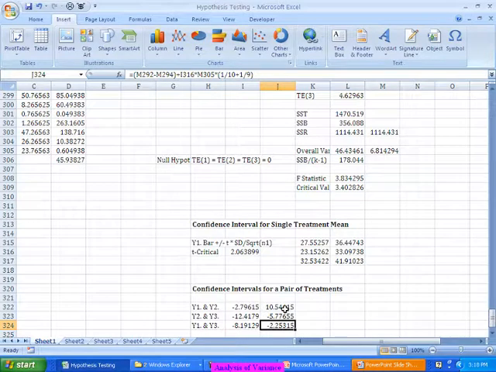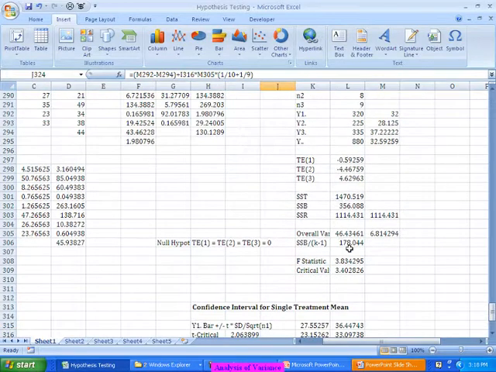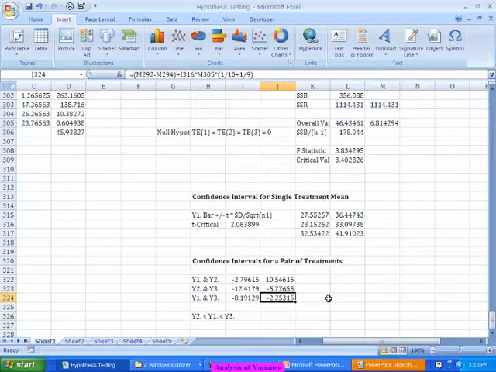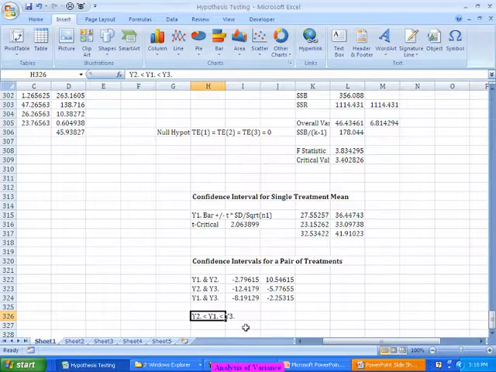Right, so y2 and y3, y1 and y3, in both the cases there is a significant difference that is existing between the two, which is a clear indication that y2 bar is less than y1 bar less than y3 dot bar. But y2 dot bar and y1 dot bar we would be joining, as the difference between those two pairs is not significant.